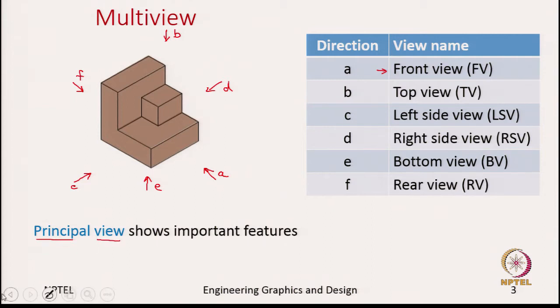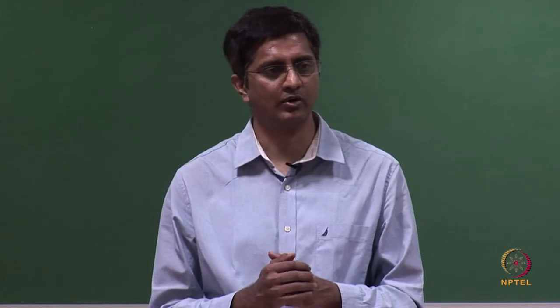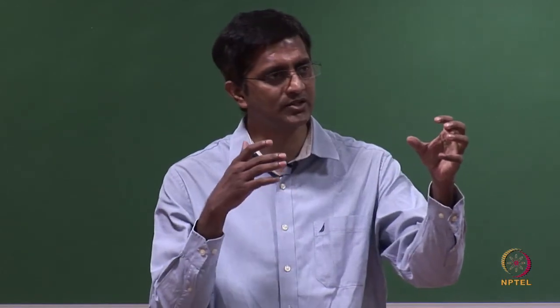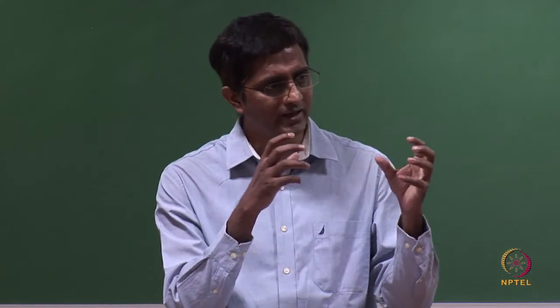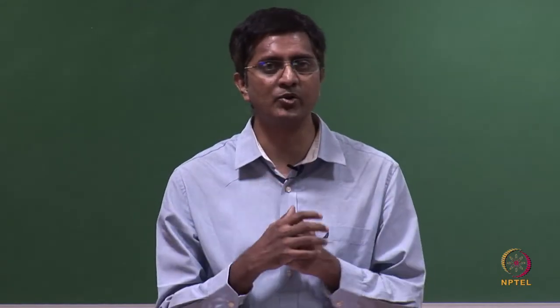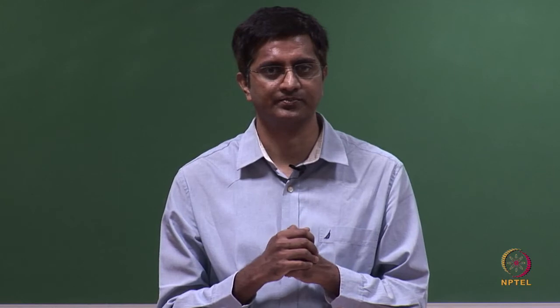Because you may be having a question in your mind. For an object, how do I define which view is the front view, or how do I define which direction is the front? That depends on the object you have; you need to find a direction which shows the maximum amount of features on the object.